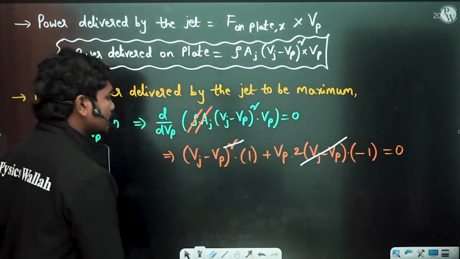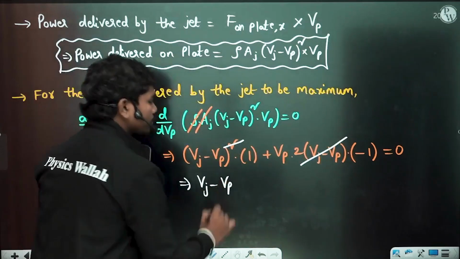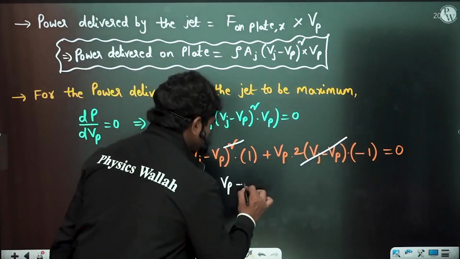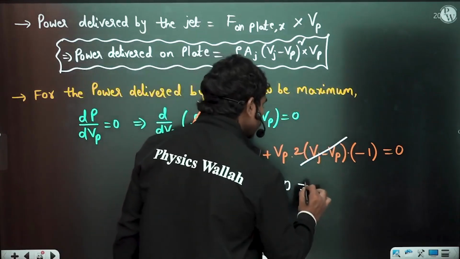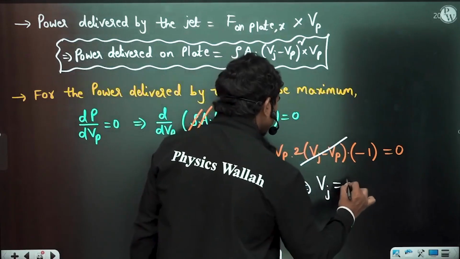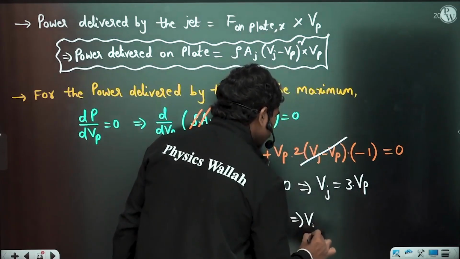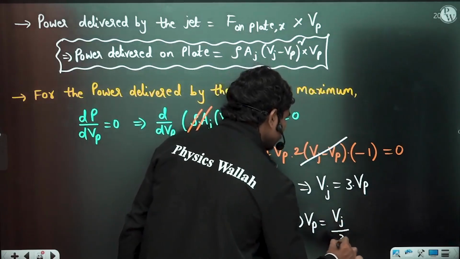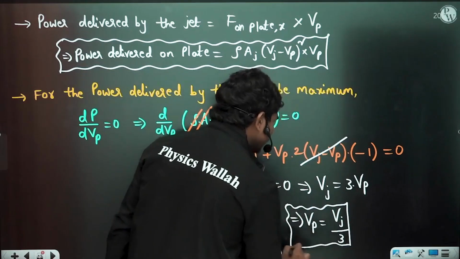So we have (vj minus vp) plus 2 vp into minus 1, total minus 2 times the velocity of the plate, equal to 0. This gives velocity of the jet equal to 3 times the velocity of the plate. Therefore the velocity of the plate is equal to the velocity of the jet divided by 3. So this has to be the relation for the power to be maximum.